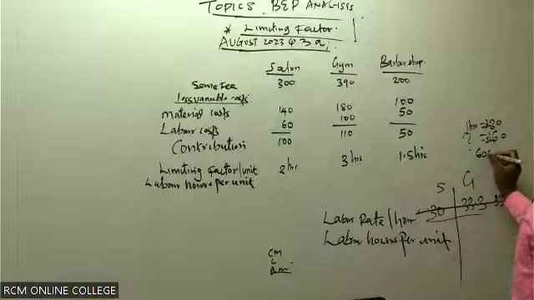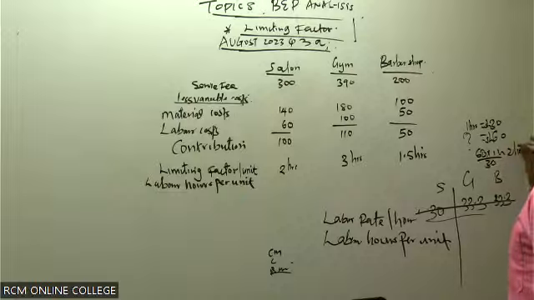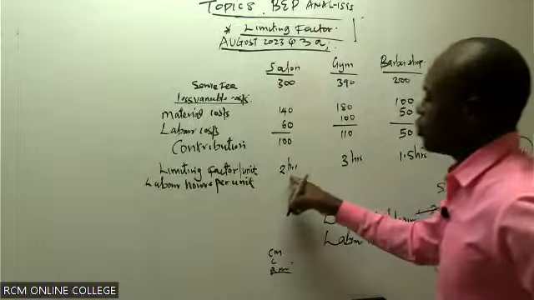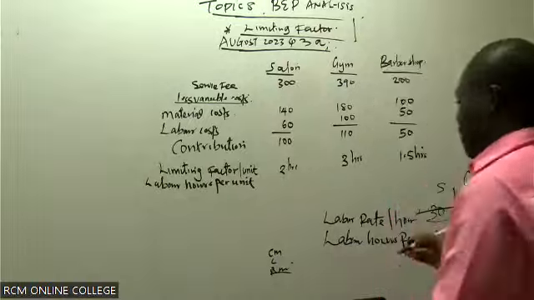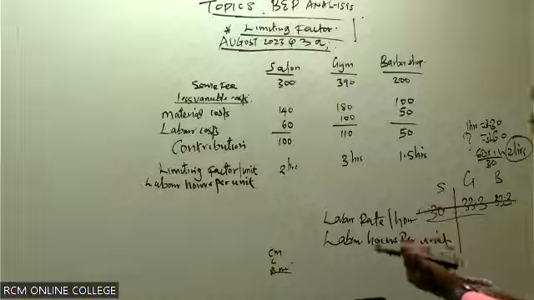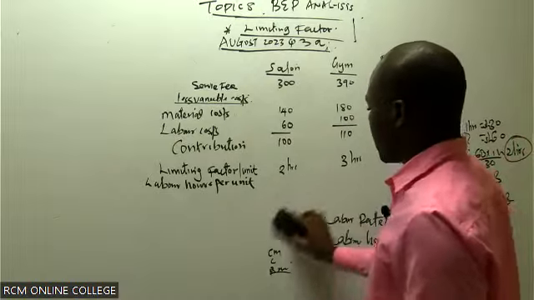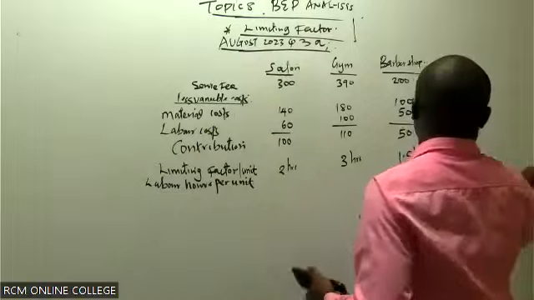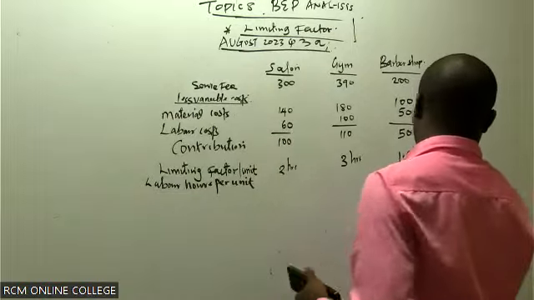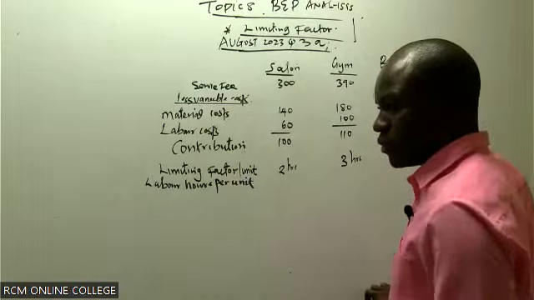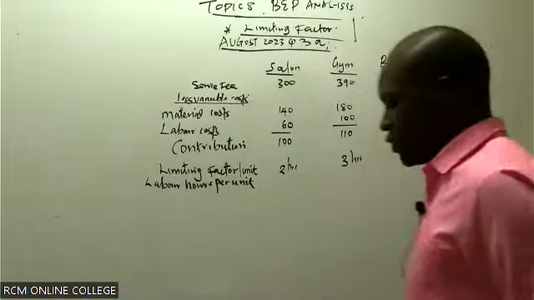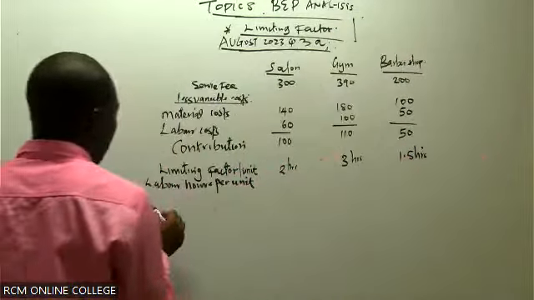We take 60 times 1 hour, divide by 30 to give us 2 hours. So this 2 hours is what we are looking for. You put it here. But now in this question, the examiner decided to give you the limiting factor directly without calculating anything. So having done that, you now give us the contribution per limiting factor.